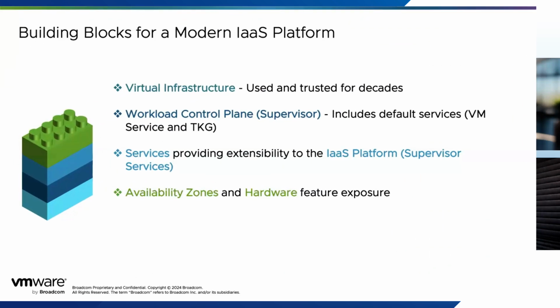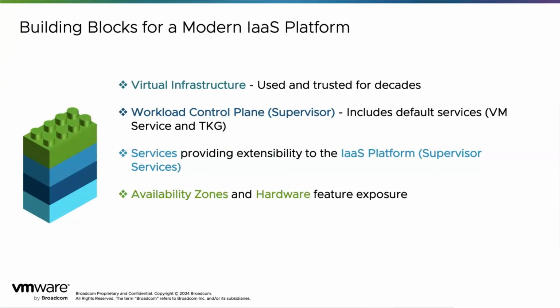Then the other one is, of course, taking care of high availability for your container workloads, as well as your VMs. That's where you define your availability zones and things like that. That's another layer. And now that we talk about AI, you probably need GPUs in your private cloud, so we have the capability to expose hardware features to the platform itself.